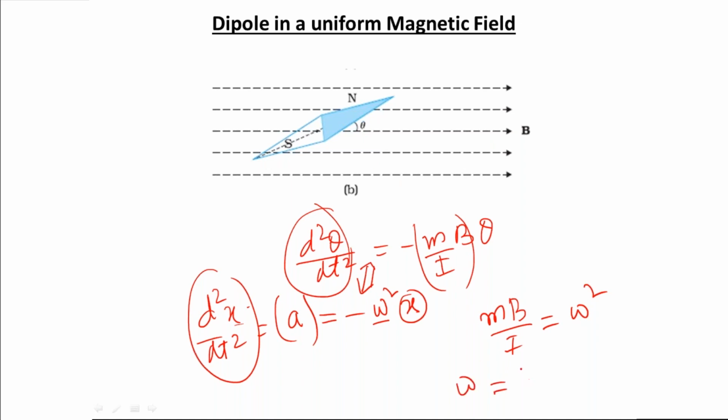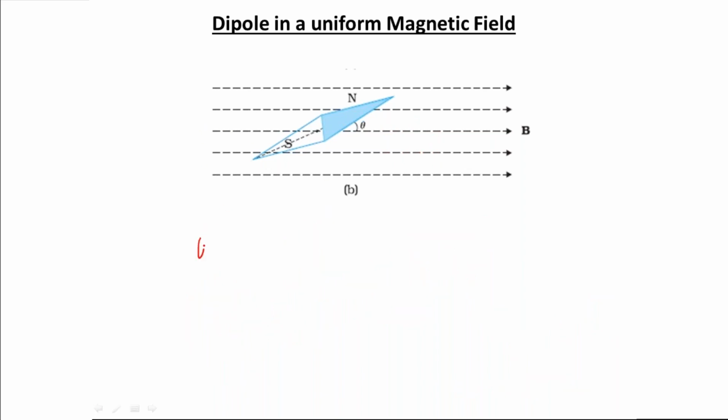So if I want to get this omega, then it is root over mB by I. M is the magnetic moment of the compass needle. It will be given, it is known. Then B I have to calculate here, and I is also given. Look, so what we have got, the only thing we need is this mB by I.